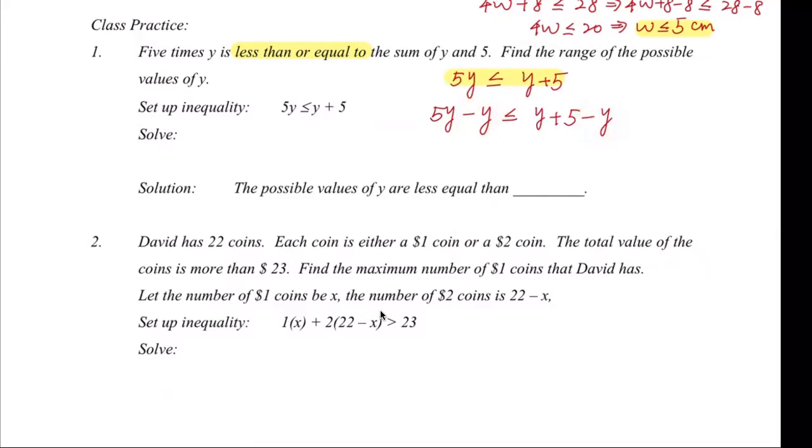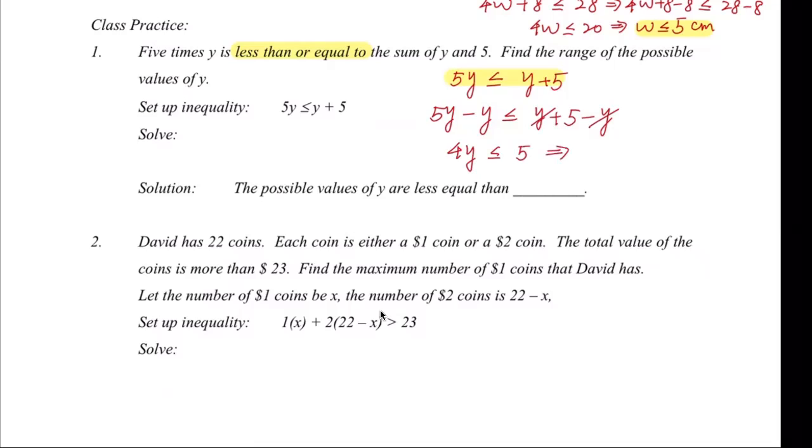5y minus y, that's 4y. Sign doesn't change. The y's cancel out, right? And only 5 is left.